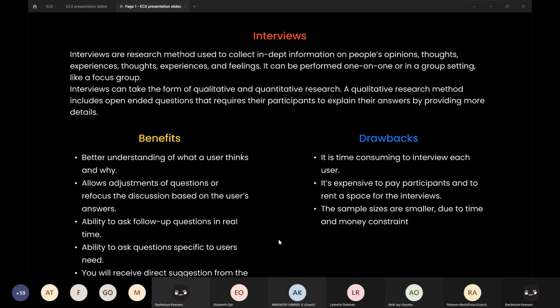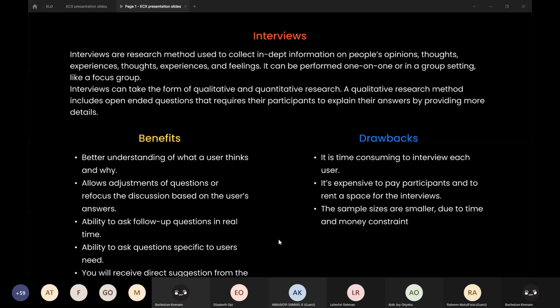Okay, so when we talk of interviews, we talk of asking questions. You can conduct an interview one-on-one with your potential users by asking them likely questions about your idea or the product you're about to build.